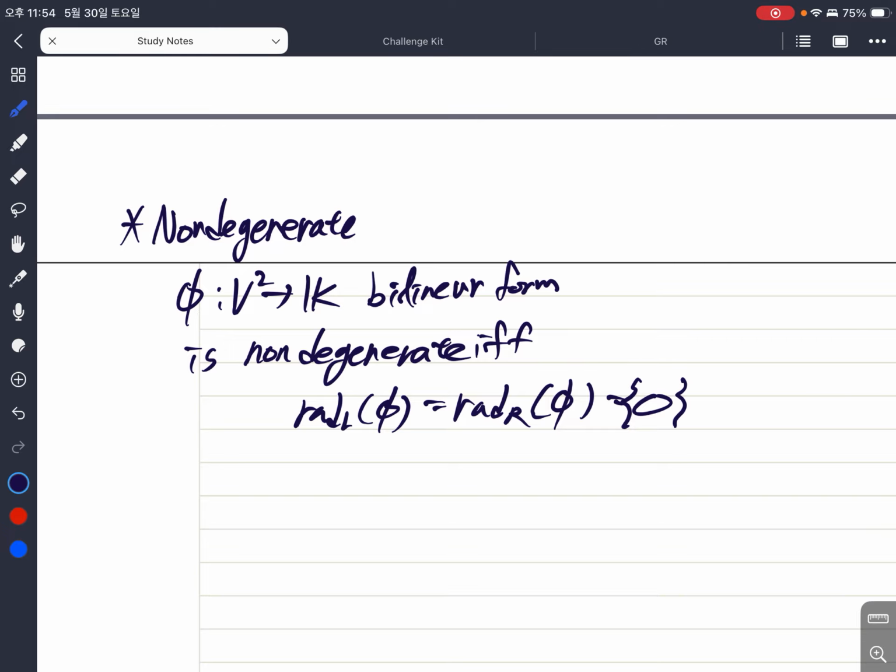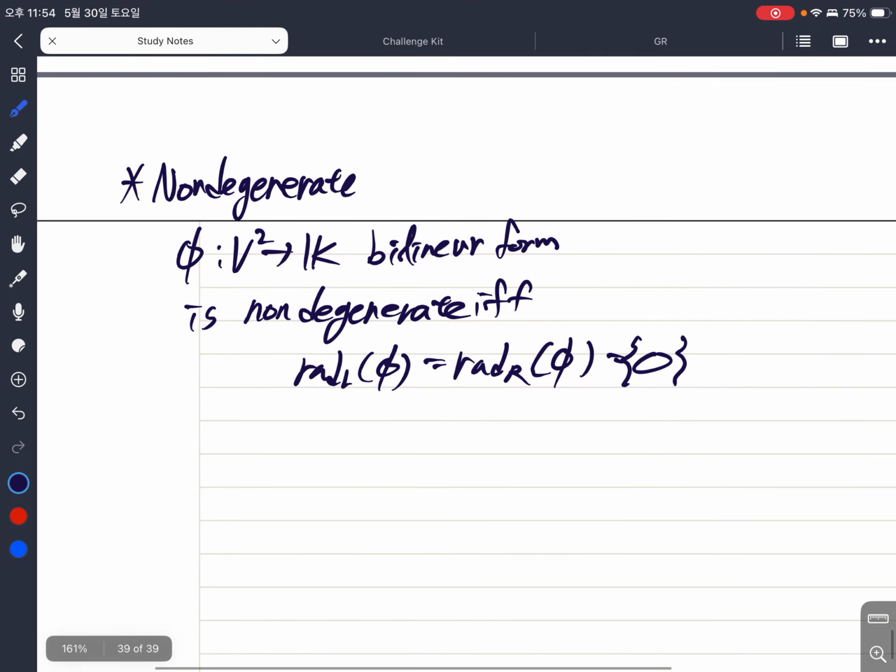And the other definition we are interested in is called a symmetric bilinear form.